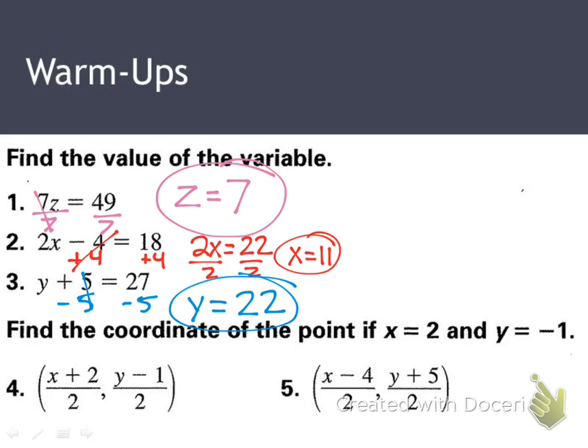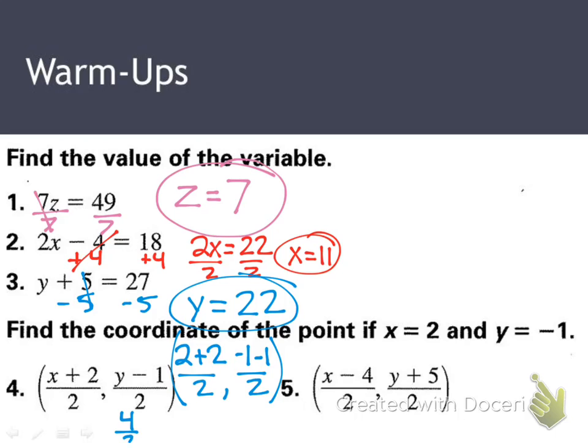Alright, on the next one, we are basically just plugging in and simplifying, so I'm going to change all the x's to a 2, all the y's to a negative 1. So this is going to turn into 2 plus 2 over 2, comma, negative 1 minus 1 over 2. We need to simplify the numerators first. What is 2 plus 2?